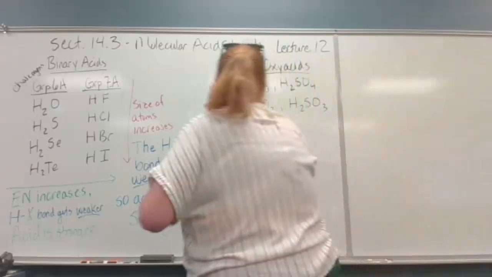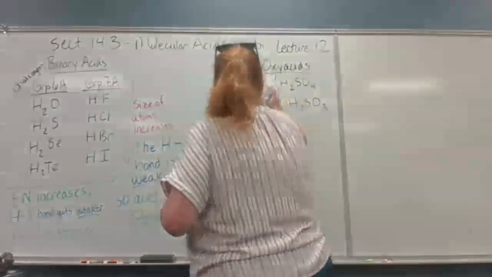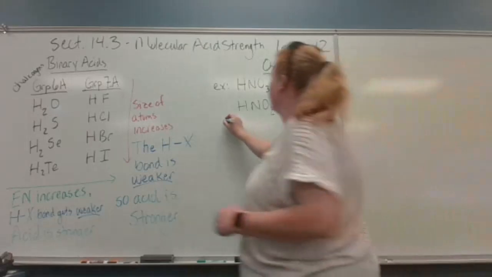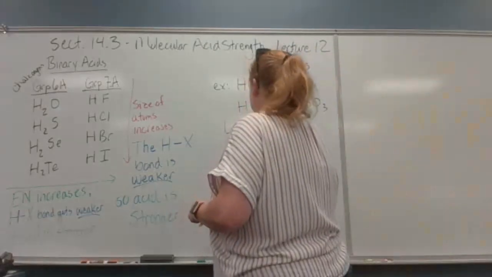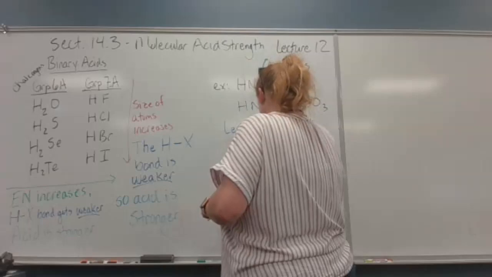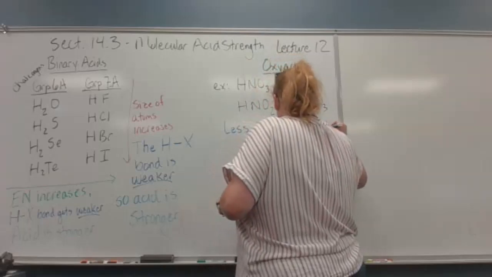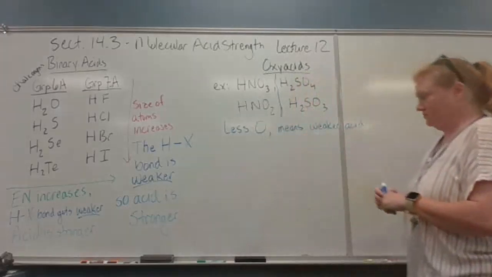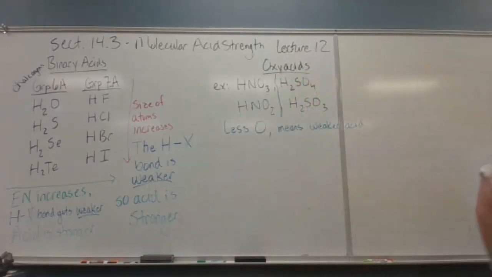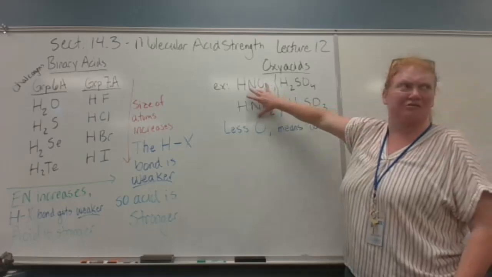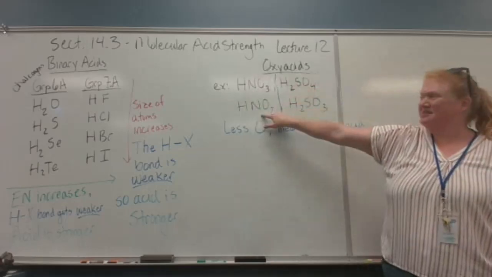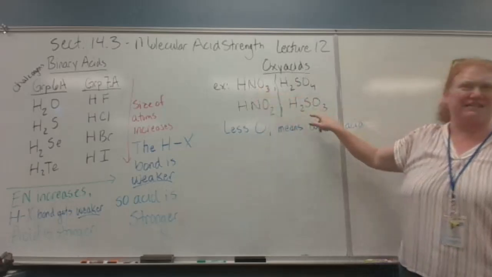I was really comparing these two, and then I'm comparing these two. Less oxygens means weaker acid. But you got to be comparing something similar. Can I compare this and this? No. And I can't compare that and that.